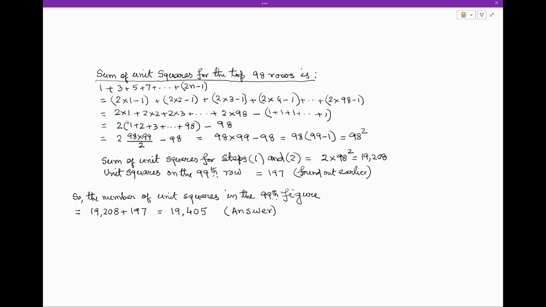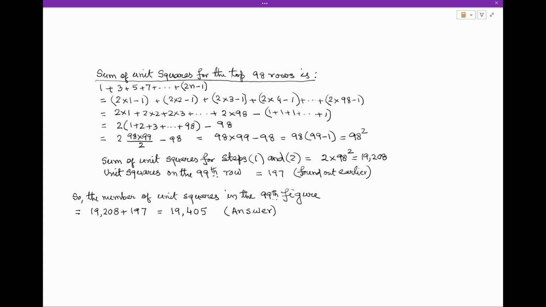So if you take out 2 as common, we get 2 multiplied by 1 plus 2 plus 3 up to 98, minus 98. And that is equal to 2 multiplied by 98 multiplied by 99 divided by 2, minus 98, which after simplification results in 98 squared.